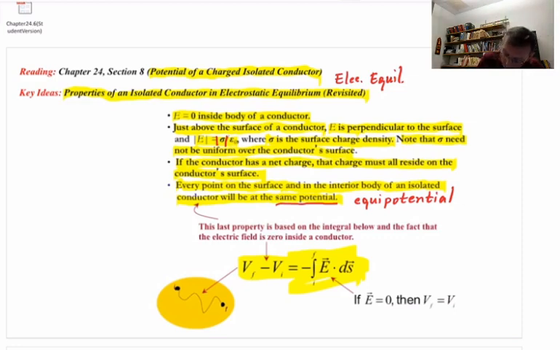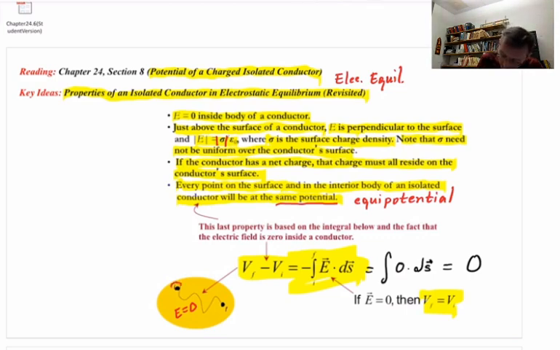But remember, at every point in the body of the conductor, E equals 0. Very first property. So my integral E dot ds means just integrate 0 dot ds. Just add up a bunch of zeros. You have to get 0 for that integral. But then that integral equals V final minus V initial. So it must be that V final equals V initial.